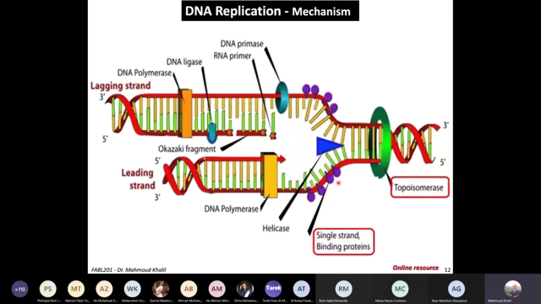Once the replication is finished, this single-strand binding protein will leave the template DNA, enabling the DNA to rejoin.